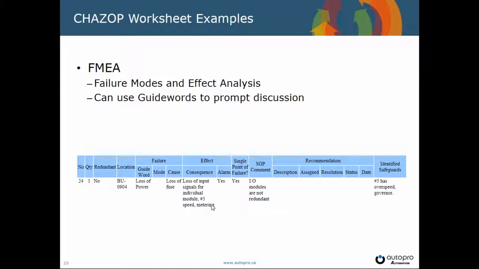We have our consequence developed. We can identify if it's a single point of failure. If it is, is it important? Do we need a recommendation out of it? We can develop safeguards, and again, recommendations come out afterward. This is really useful for hardware evaluations, for strictly going through a system bill of materials.